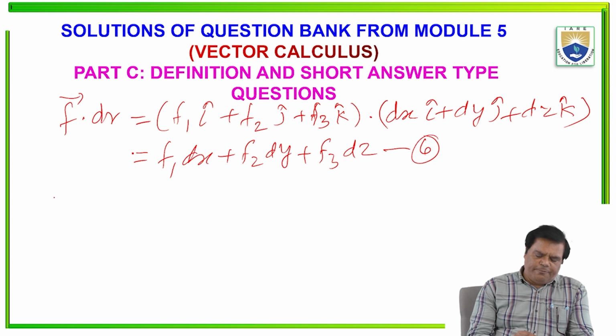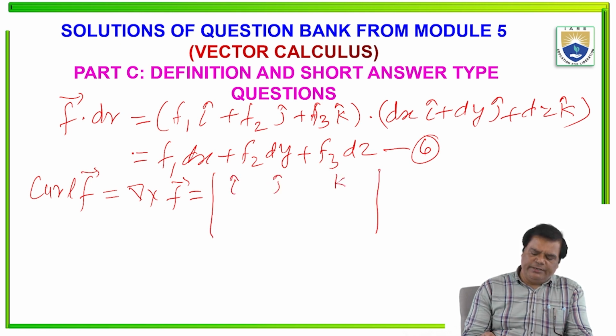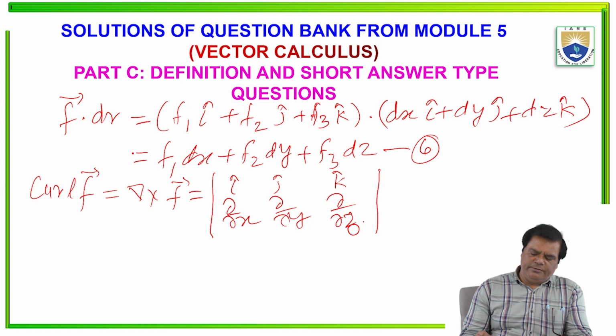Now finding curl f. Curl f is del cross f. So here is i, here is j, here is k; dou over dou x, dou over dou y and dou over dou z; and here writing f1, f2, f3.